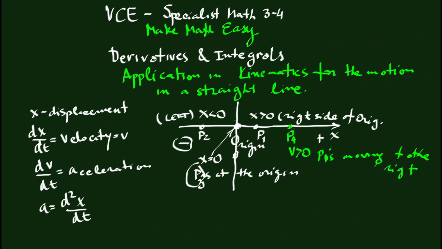So P is moving to the right. If V is less than 0, let's move to the left. So say here a particle moving to the left.